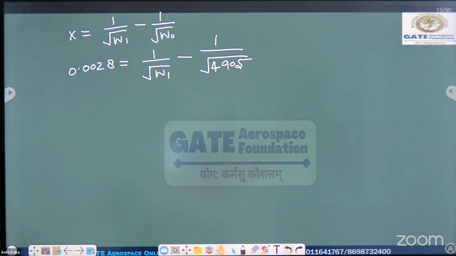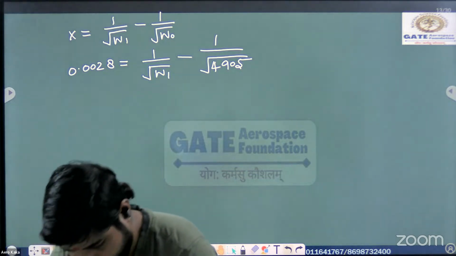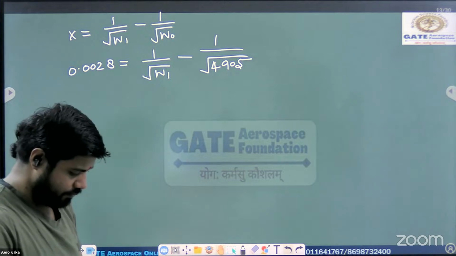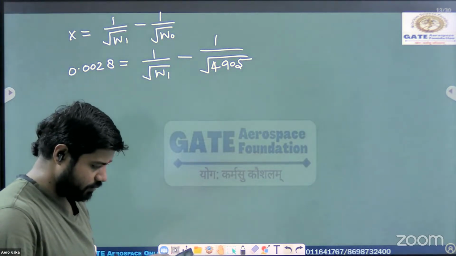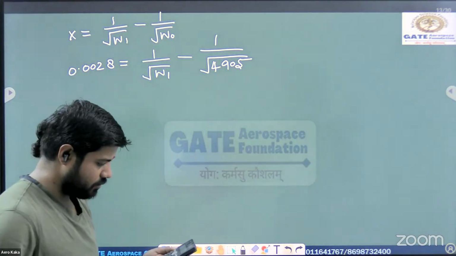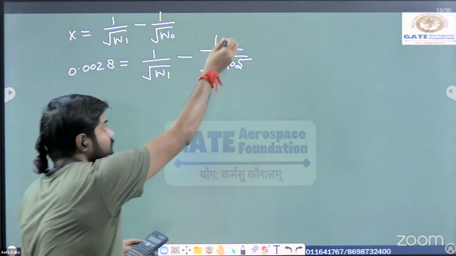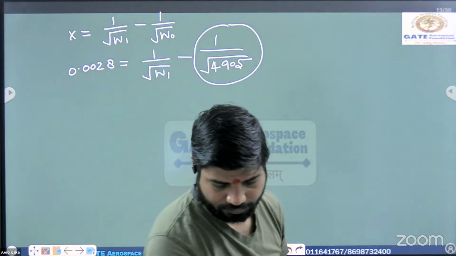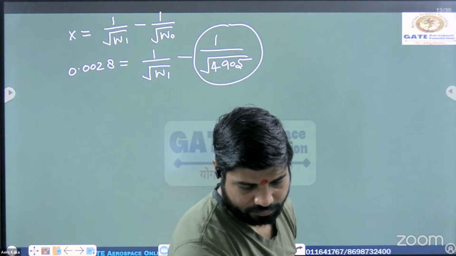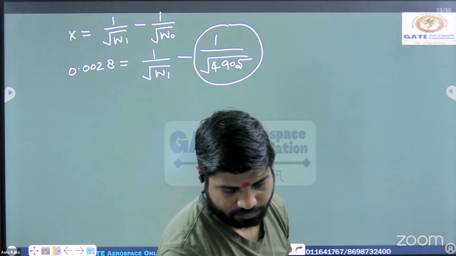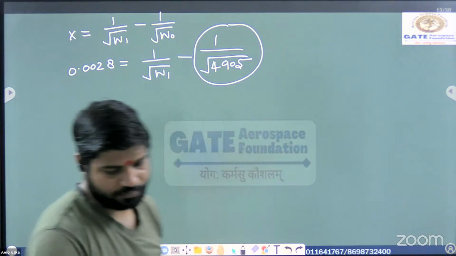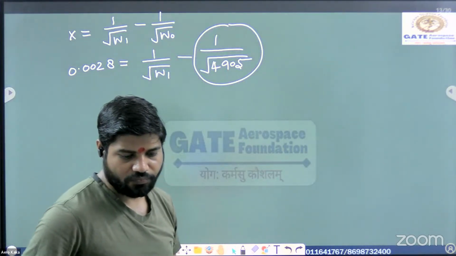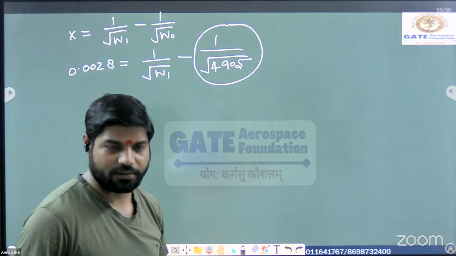Sir, W1 is 3460.20? 4905, root of this value. How much are we getting? 0.0142. 0.014228, right?